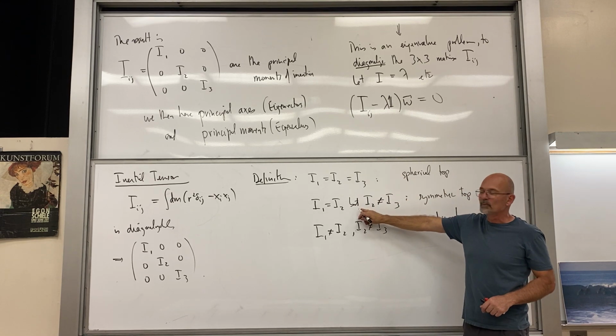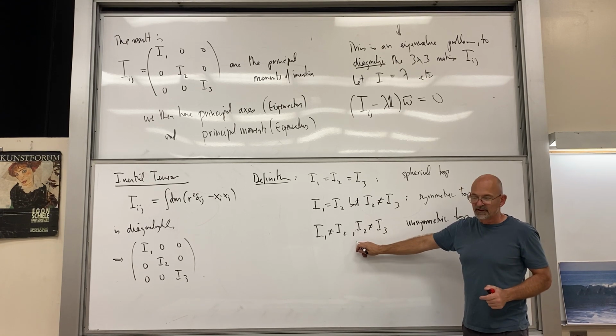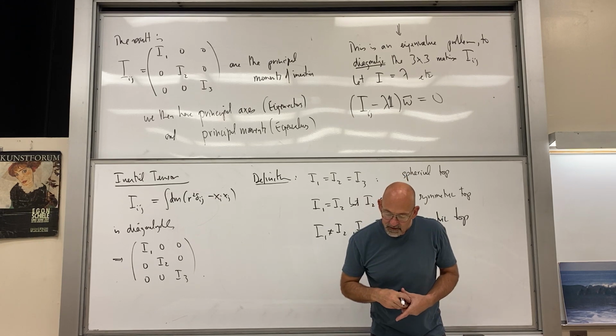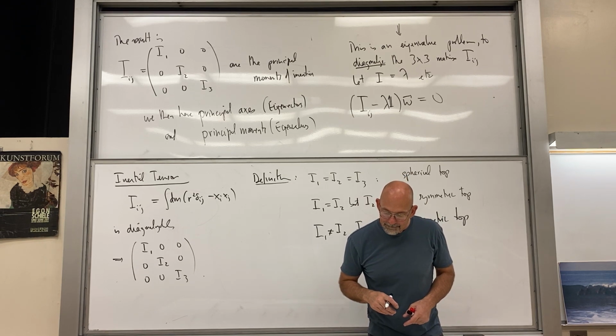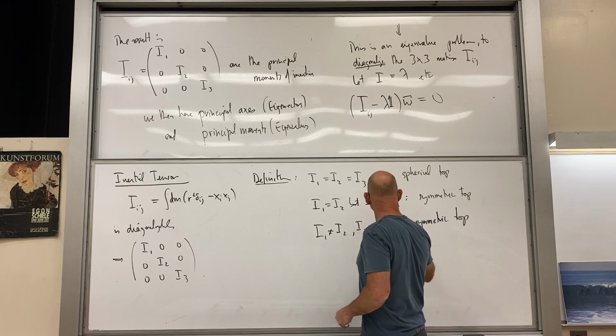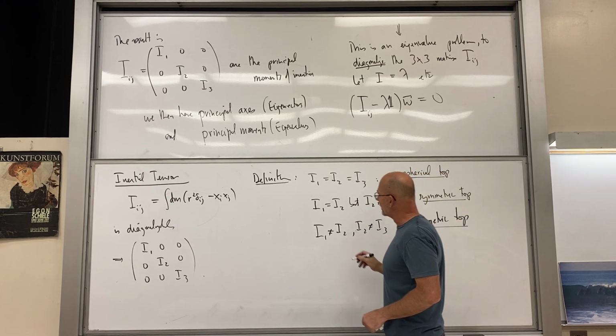Here they're interesting but doable. And here they're really rich and interesting but very difficult to deal with. And then we've got those definitions, spherical, symmetric, and the unsymmetric top.